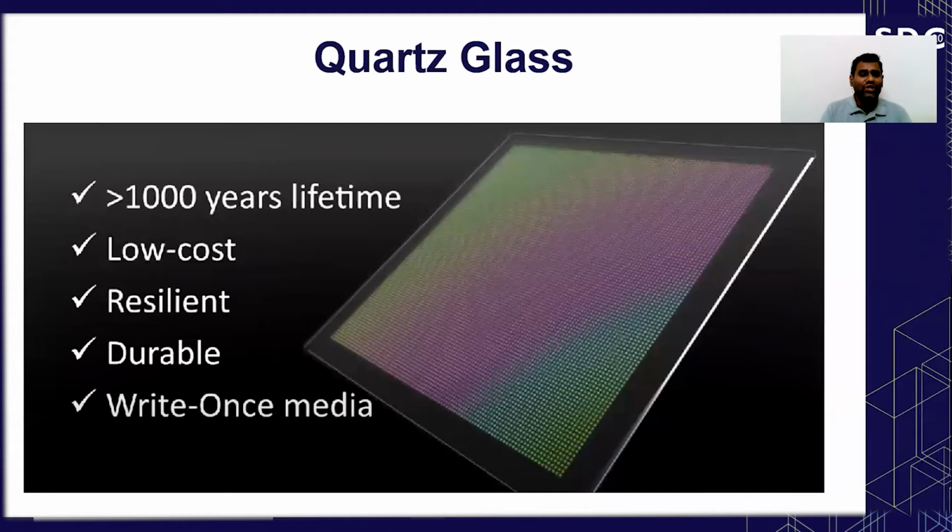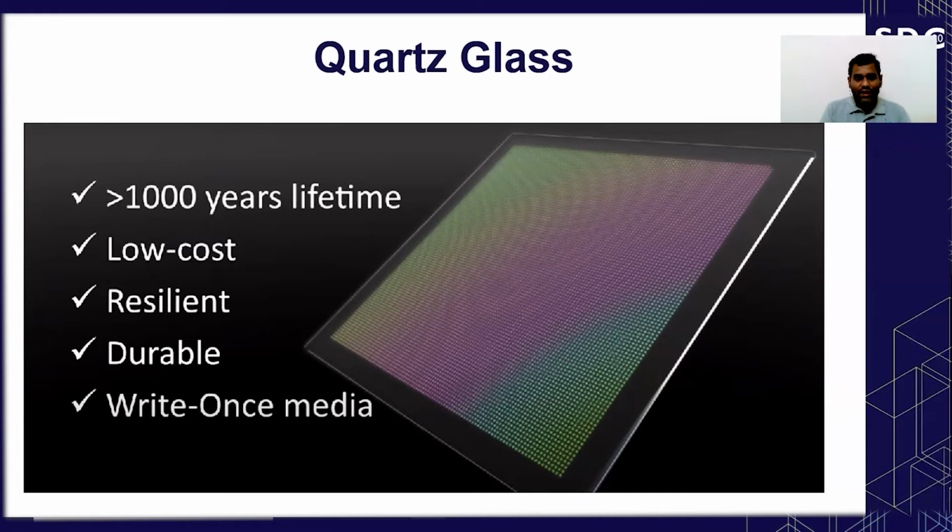Okay, why are we using quartz glass? The lifetime of quartz glass is greater than 1,000 years, and it is very low cost. It is readily available all over the world, and it is resilient, durable, and write-once media.